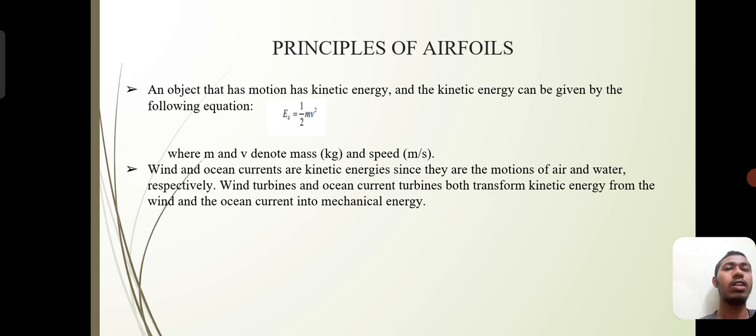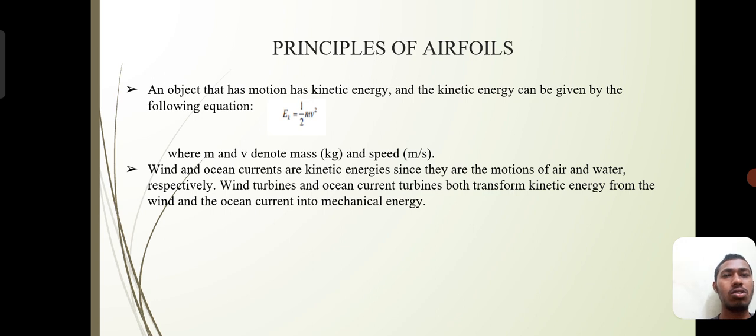First of all, the principles of an aerofoil, where kinetic energy is converted into mechanical energy. Given that it is an object that has motion, kinetic energy equals half mv squared, where m is the mass and v is the velocity in meters per second.